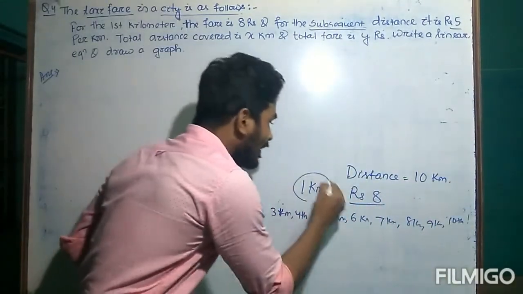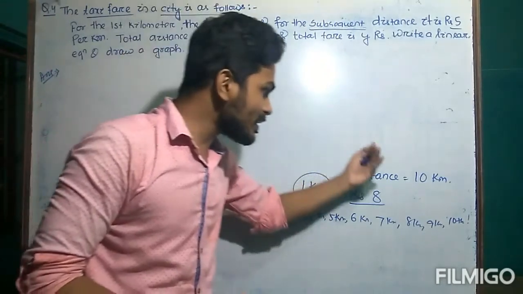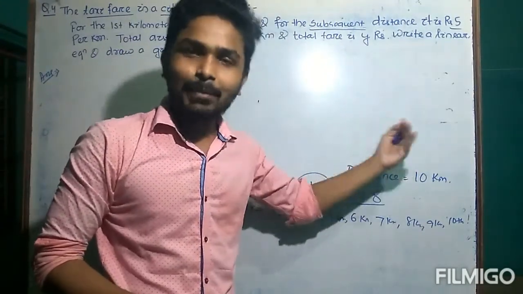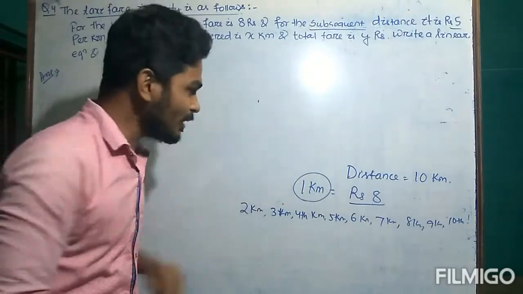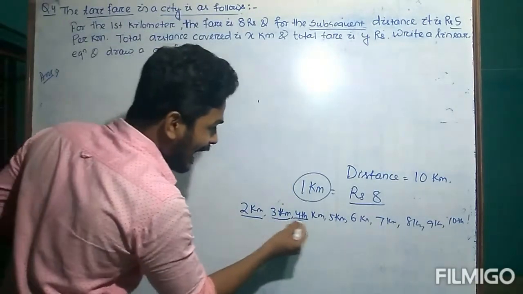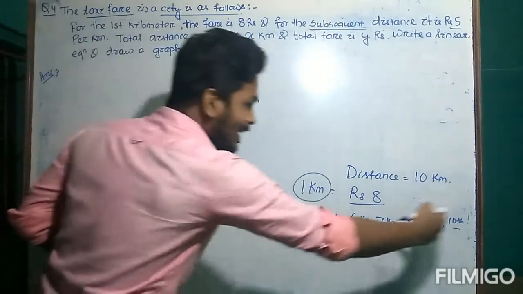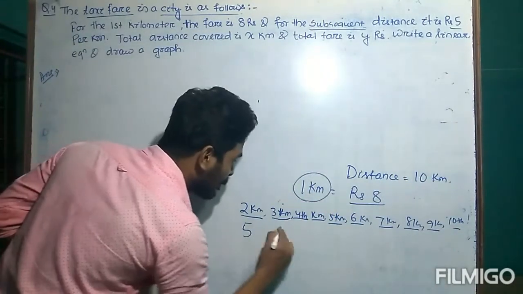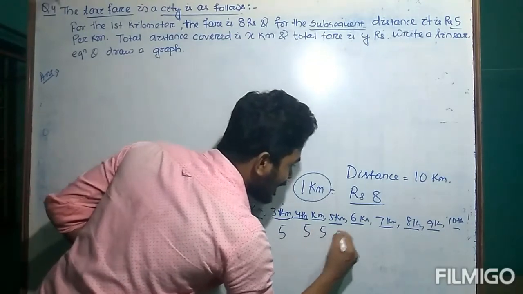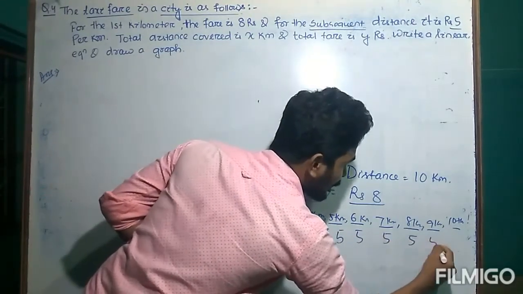Whenever you cover 1 kilometer, how much distance remains to be covered? 10 minus 1 is 9 kilometers. So for the next 9 kilometers, you have to pay rupees 5 per kilometer.